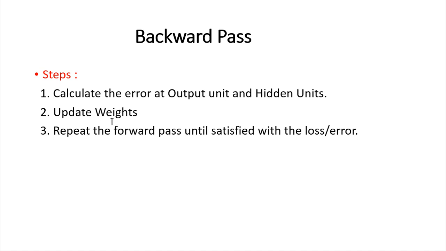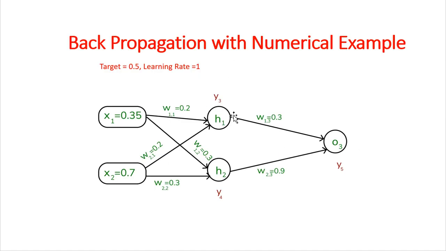To calculate the weights, definitely we need to have the errors at the hidden layers and the output layer. So we need to know the error here and here, and only after we know the errors can we refine these weights. Once you refine all these weights, and the bias if there is one, only then can we perform the forward pass again.